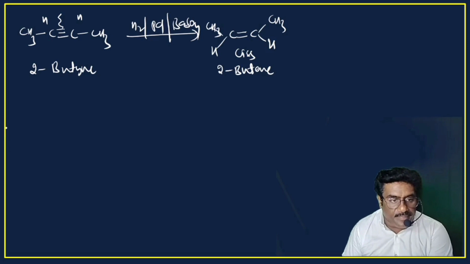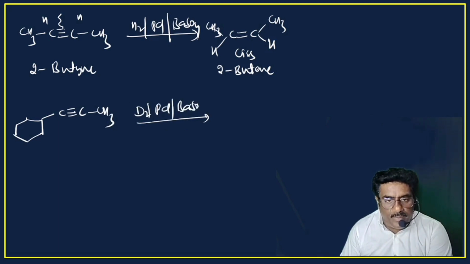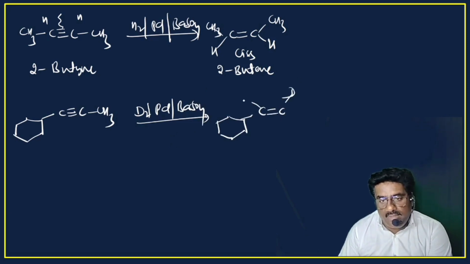If we take C triple bond C, CH3 in presence of D2 with palladium barium sulfate, it gives carbon double bonded with deuterium and CH3.